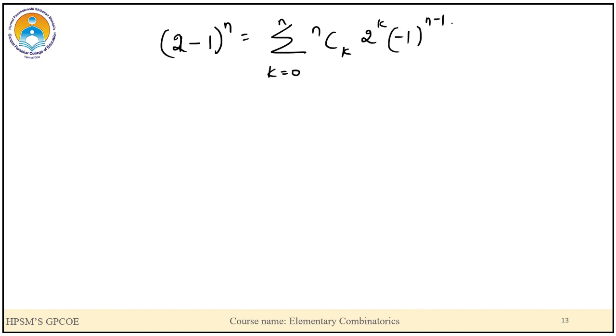Therefore, the left hand side now becomes (2 minus 1) raised to n, which is equal to summation k goes from 0 to n, nCk 2 raised to k, minus 1 raised to n minus k. The left hand side is simply 1 raised to n, which is a finite number, and hence it will be equal to 1.